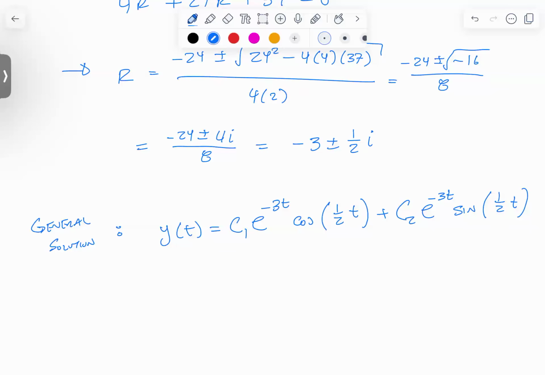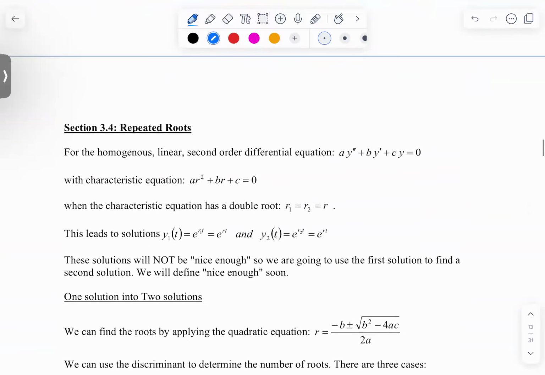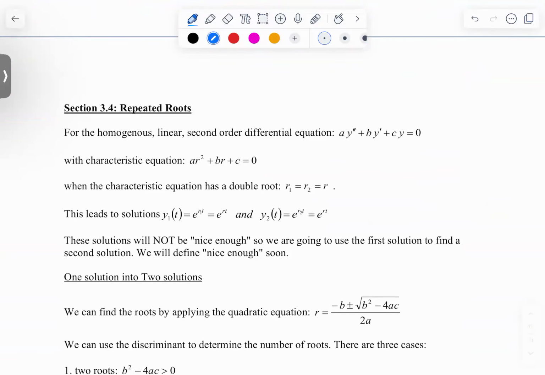All right, last case. We end up with imaginaries, we end up with reals, and then we can end up with a double solution, multiplicity, and you may recall. The big thing about this one is that if you have the solution where you have multiplicity, R1 equals R2, this is not a nice enough solution.